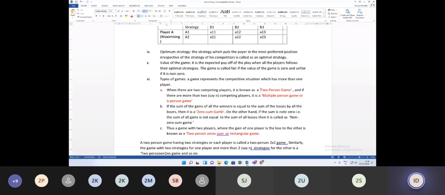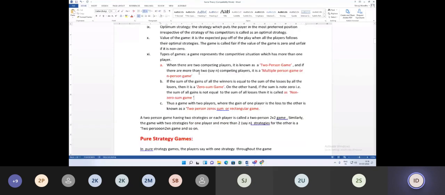On the other hand, if the sum of all gains is not equal to the sum of all losses, then it is called a non-zero sum game. Is it clear? We will see how to work it out.